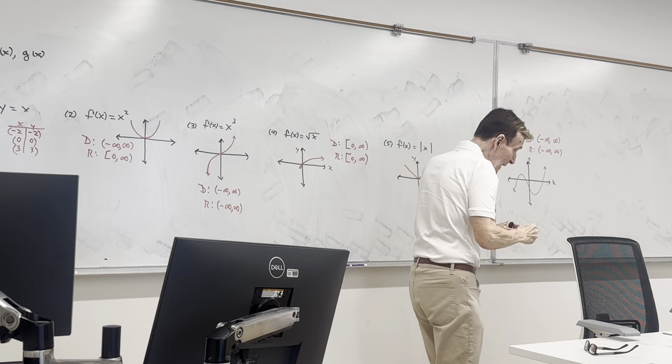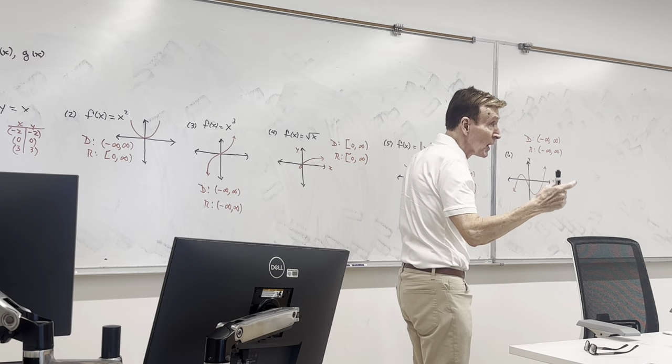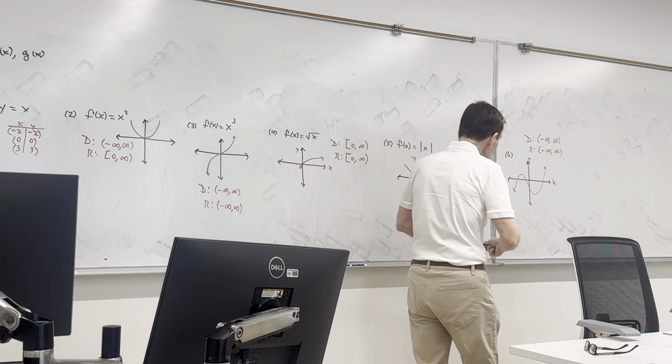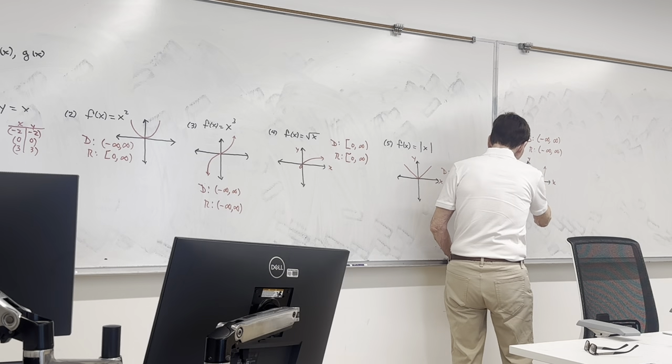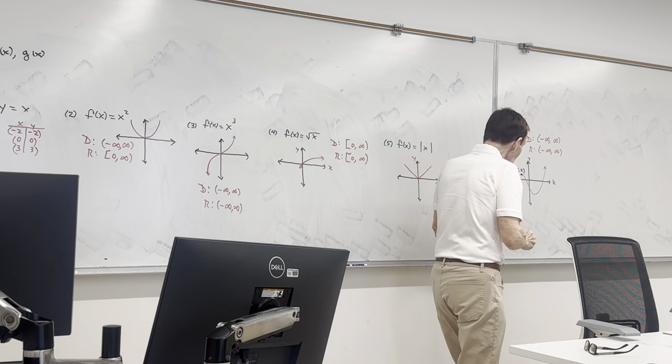Now, let me get close here. I need to mark a few things in this graph. I'm going to say this point right here has an ordered pair of -1, up 2. I'm going to label this point.